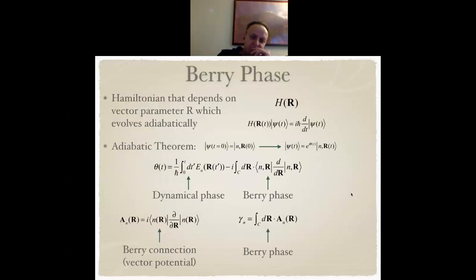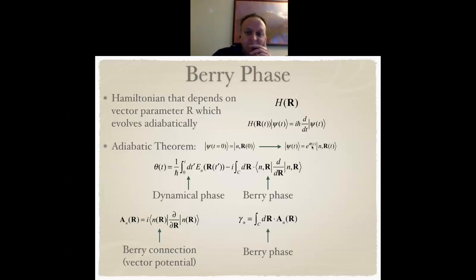So for the Berry phase, we would consider a Hamiltonian with a vector parameter r. Under the Adiabatic Theorem, if you start a system out in the nth eigenstate of an initial Hamiltonian, it will evolve as the nth eigenstate of the time-dependent Hamiltonian times a phase factor.